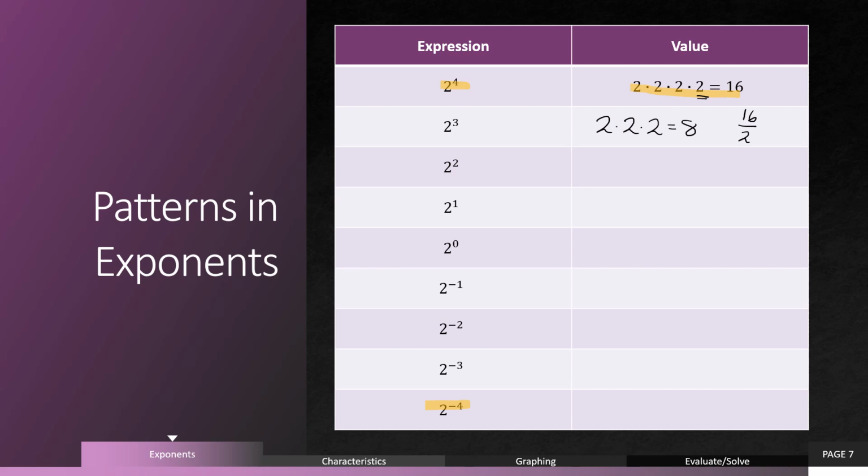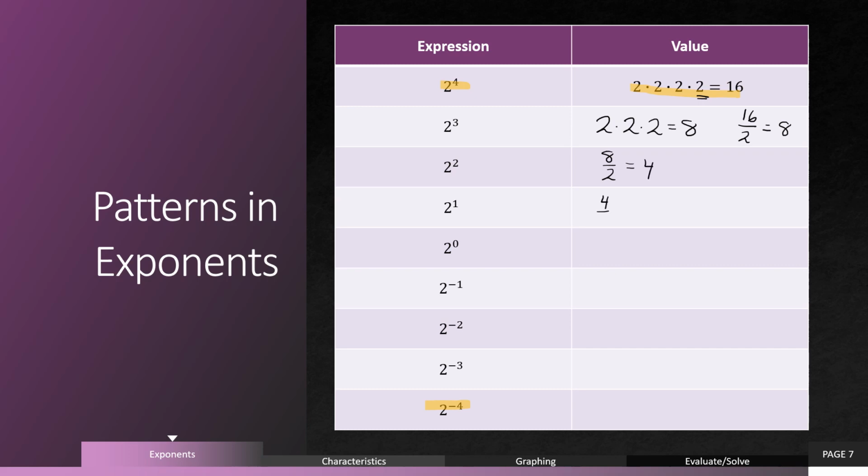And that's from our quotient rule. I've really got 2 to the fourth divided by a power of 2, and I still get that same answer, 8. So I'm going to use that quotient rule and divide each of my previous results by 2 to get my new result. So 8 divided by 2 equals 4.